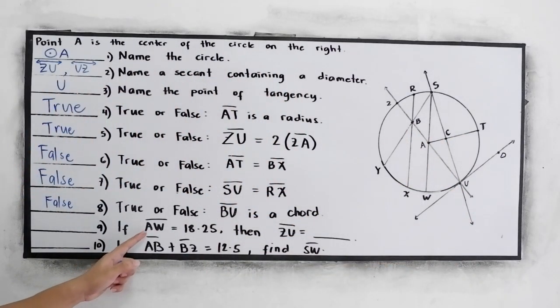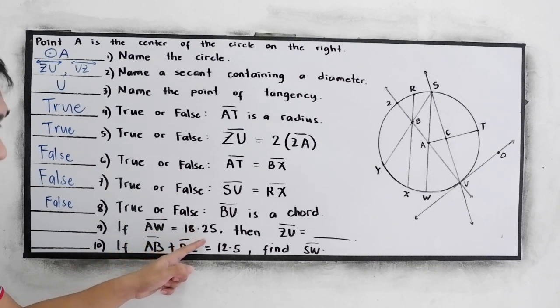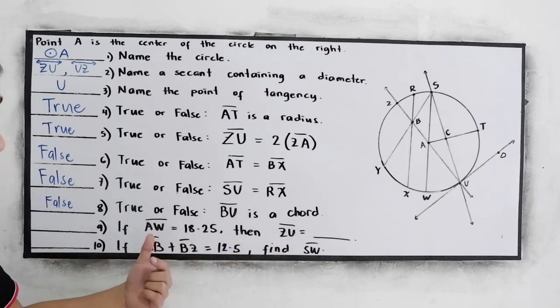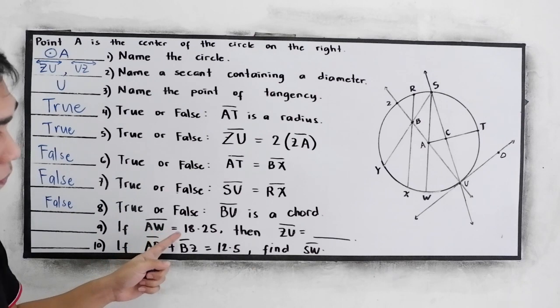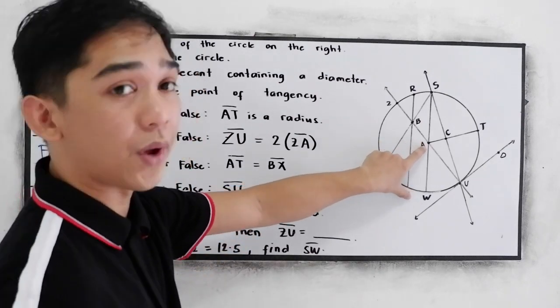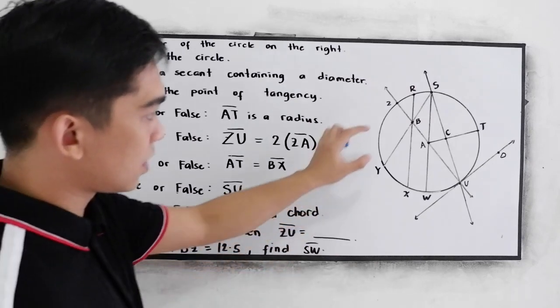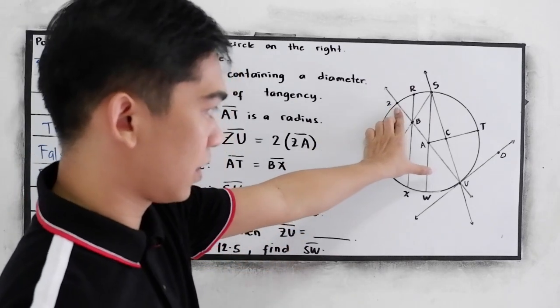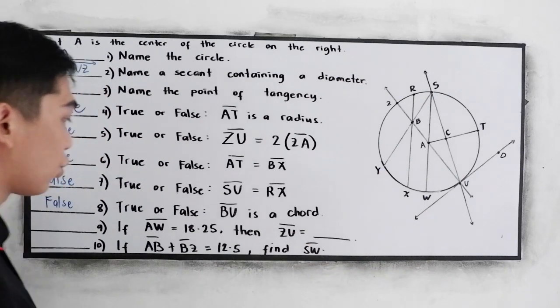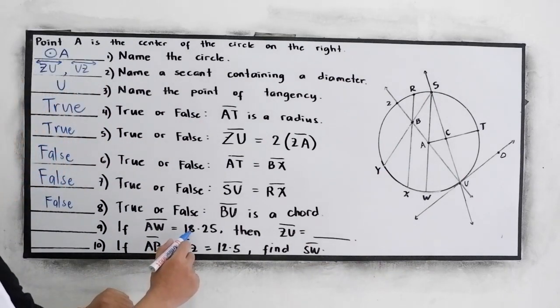If segment AW is equal to 18.25, then ZU is equal to, where is AW? AW is a radius. How about ZU? ZU is a diameter. So twice a radius is equal to the diameter.